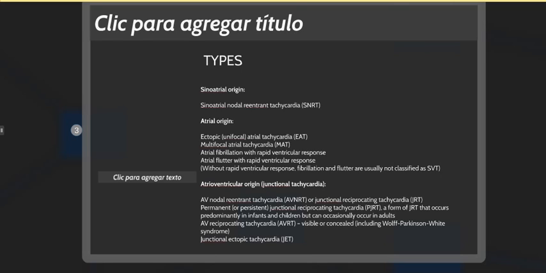Atrioventricular origin: AV nodal reentrant tachycardia or junctional reciprocal tachycardia, permanent or persistent junctional reciprocal tachycardia, a form predominant in infants and children but can occasionally occur in adults. AV reciprocal tachycardia, visible or concealed, and junctional ectopic tachycardia.